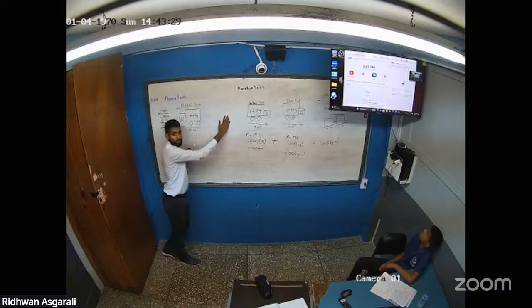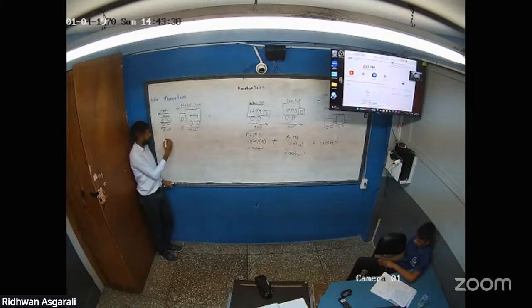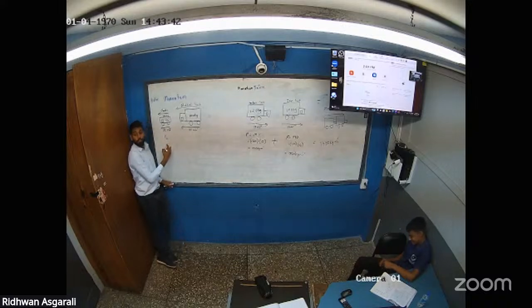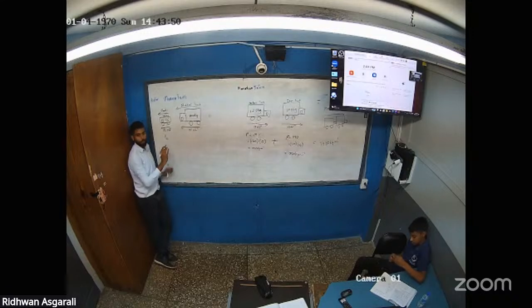So how do we find the momentum of Shakir? Momentum is P. Let me do it step by step. What's the formula for momentum?